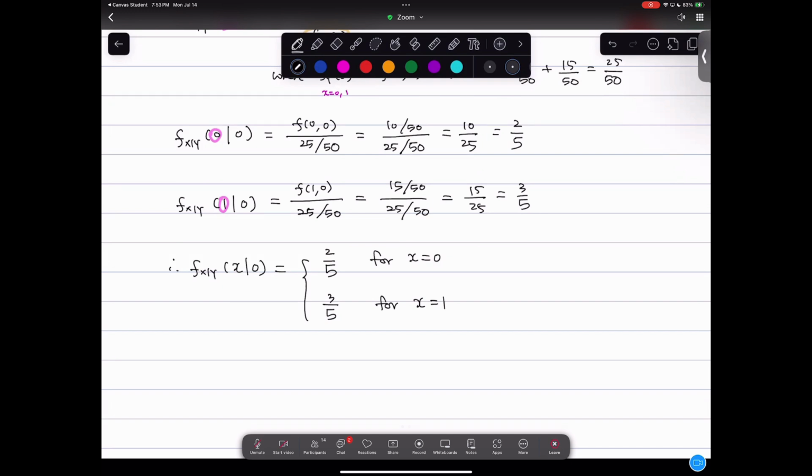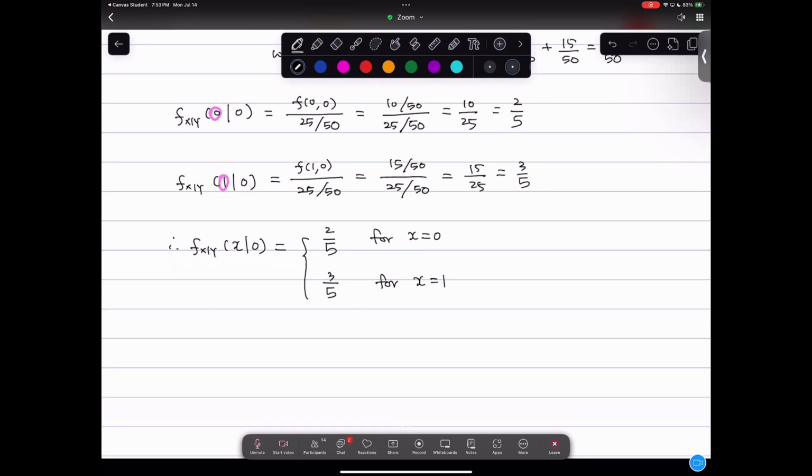So we call this conditional PMF of x given y equals to 0. Remember, this is the distribution of x. So these numbers together sum must be 1. It's a distribution. And these are the supports of that distribution. It's either 0 or 1.